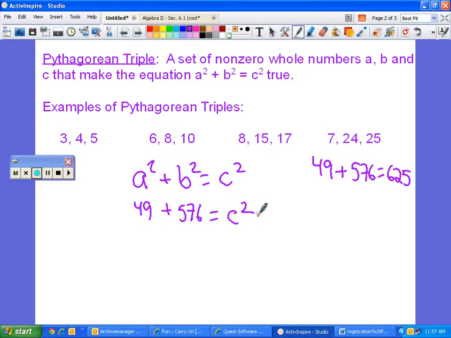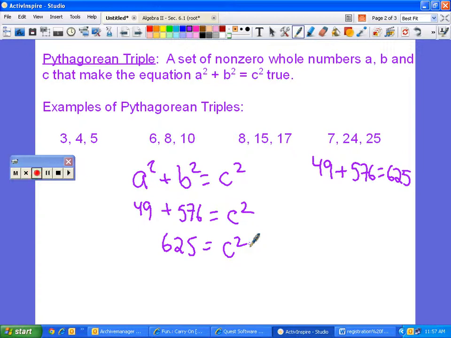I add these 2 together, gives me 625 is equal to c squared. But I don't want c squared, I want c. So in order to get the answer, what do I have to do? I don't divide it. Unsquare it. Yes, you unsquare it, which is otherwise called taking the square root.